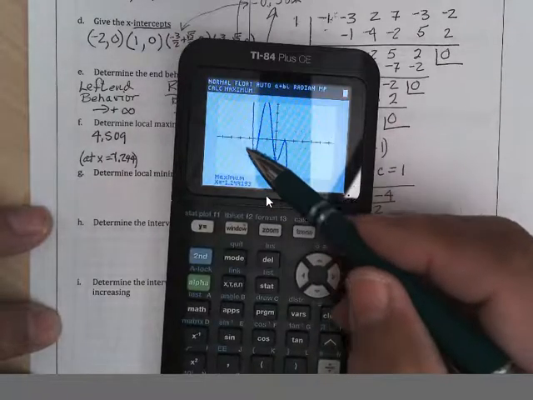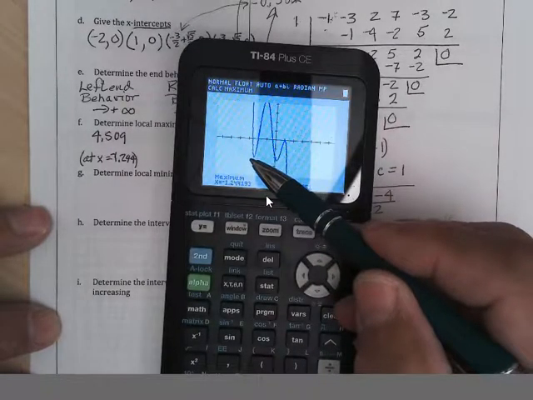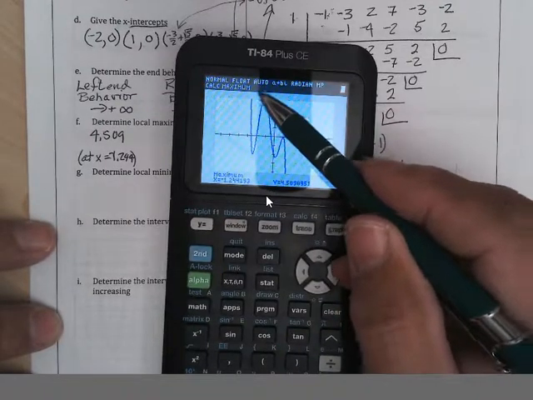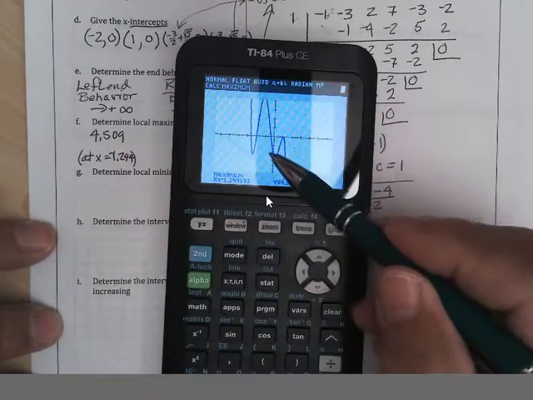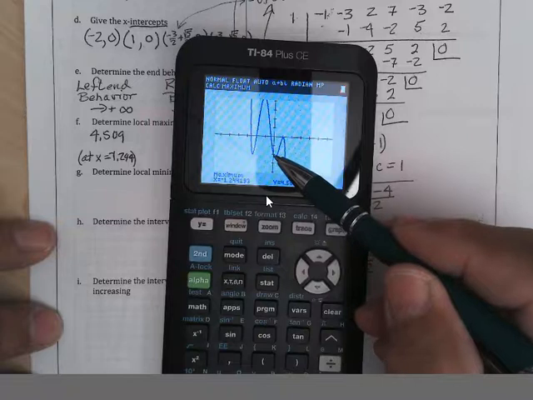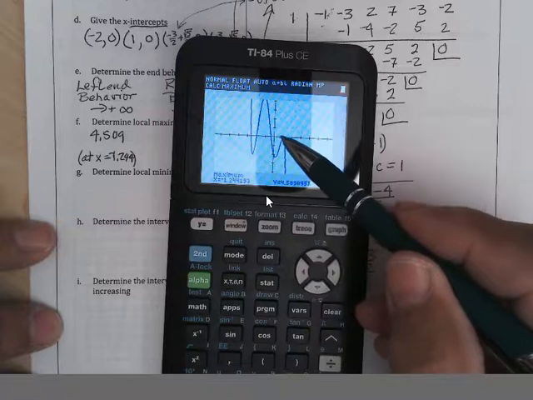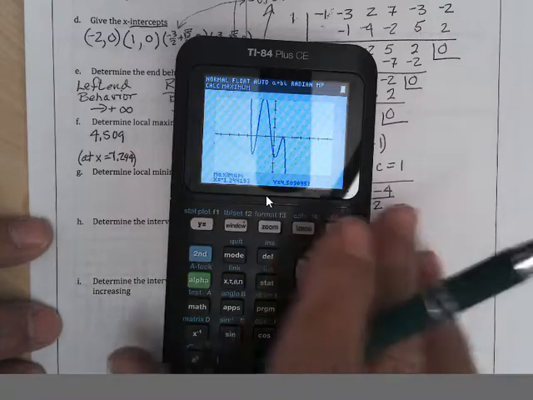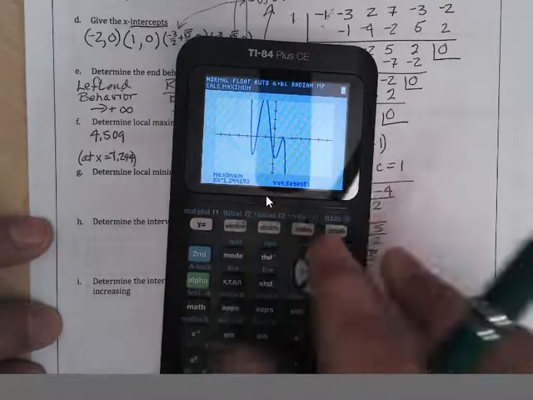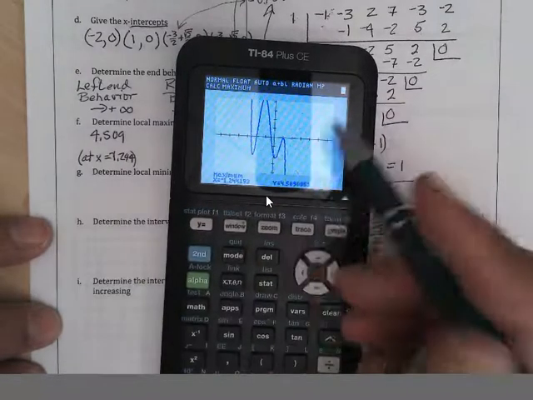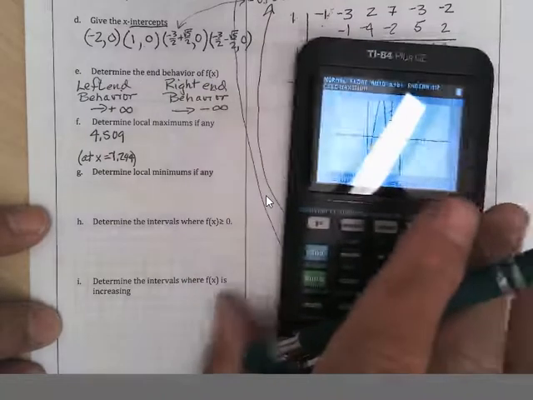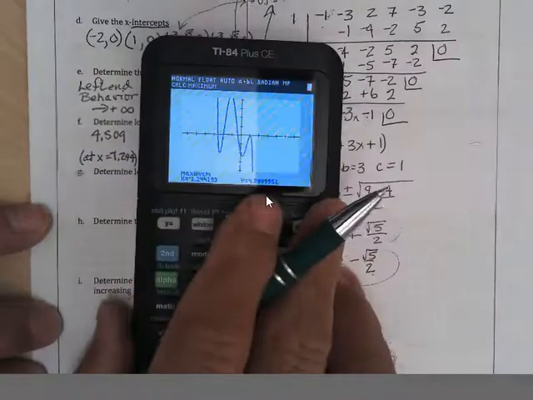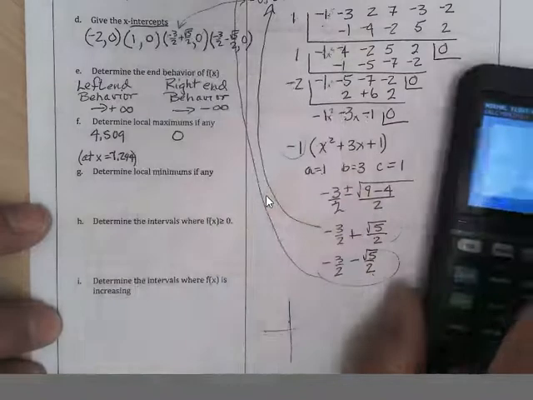So this graph came down. There's a low spot here. That would be a local minimum. Then it has a local maximum in this area. That's a high spot. Has a low spot here, another local minimum, and another local maximum right there. And it looks like the height is 0. In fact, since at 1 is a 0 and it bounces off, we know that maximum is 0, and it happens at 1.